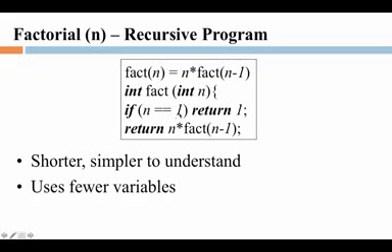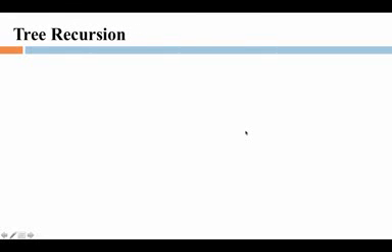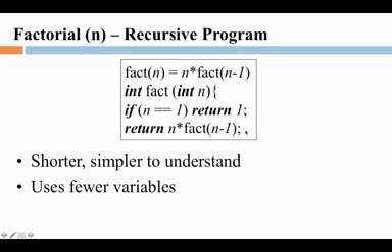It says that if n is equal to 1, it returns the value 1. Otherwise, it returns the value n multiplied by fact of n minus 1. There must have been a parenthesis here, and that has been missed. This basically encodes the mathematical definition of the factorial function, saying that fact of n is n multiplied by fact of n minus 1.